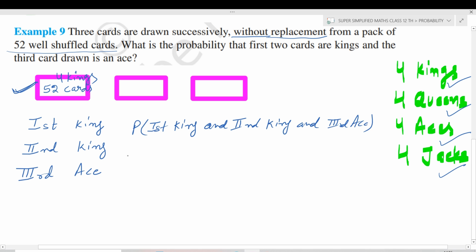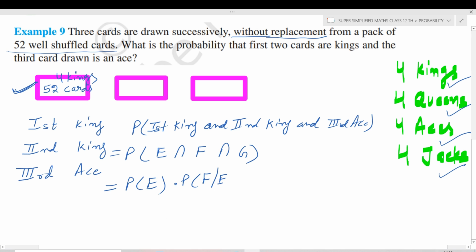So let us assume that probability of getting first king is E, second king is F, and third ace is G. Now we are going to apply the multiplication theorem of probability. This should be equal to probability of first king with no condition, into probability of second king with the condition that the first card has already been taken out and which was a king, into probability of third card to be an ace, knowing that the first two cards E and F which were kings have already been taken out.